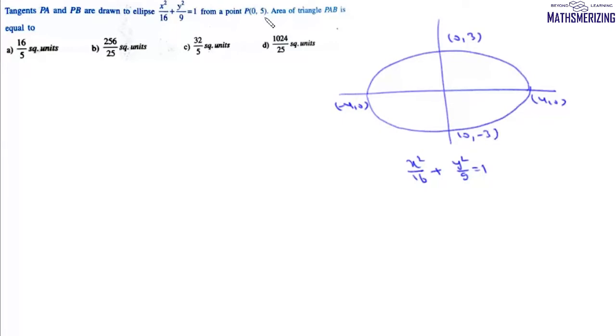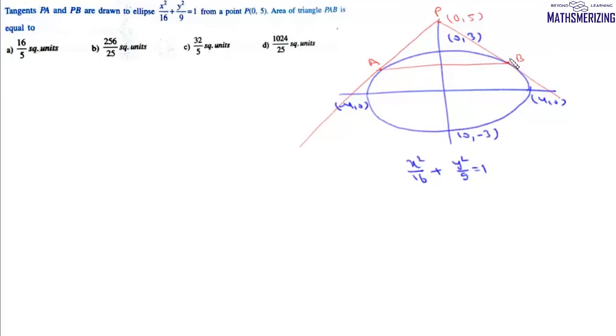Now from a point 0, 5, a point on the minor axis, we have drawn two tangents. So tangents PA and PB are drawn to this ellipse. So this is PA and this is PB. We need to find the area of this triangle PAB.